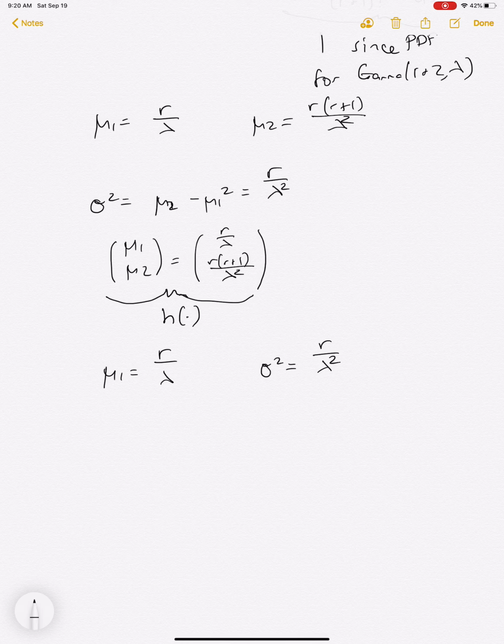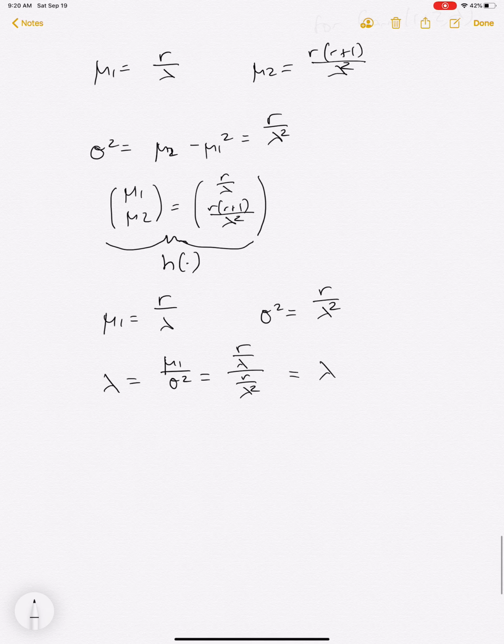What we can see from this, which is nice, is that lambda is equal to mu1 over sigma squared, because you just get r over lambda squared, which is lambda. So we can see that lambda is equal to mu1 over sigma squared.